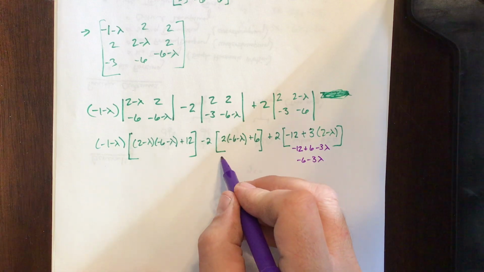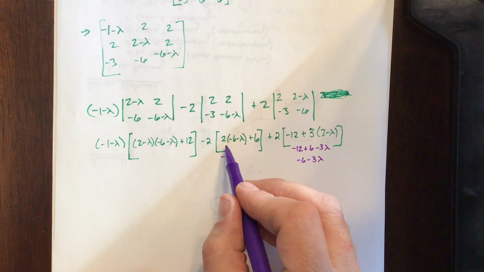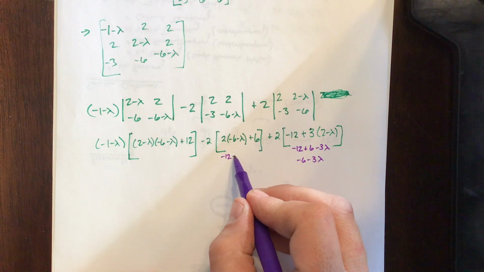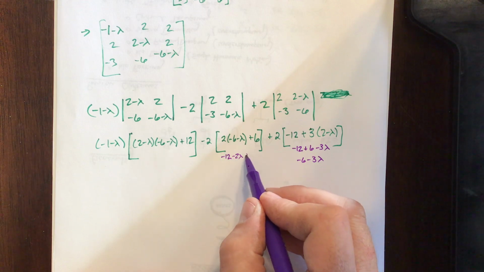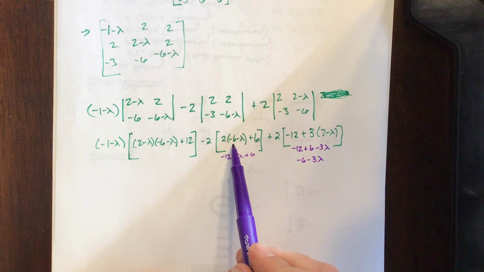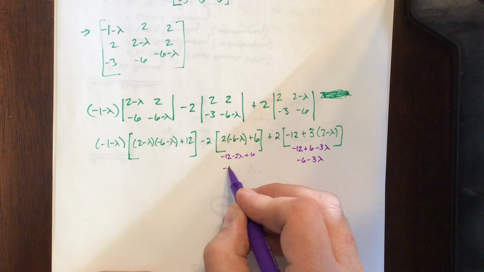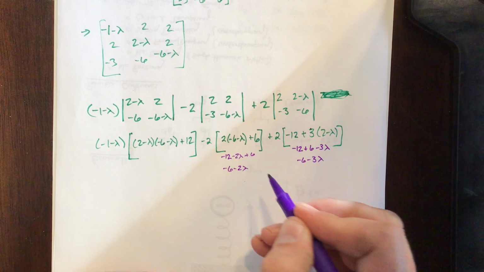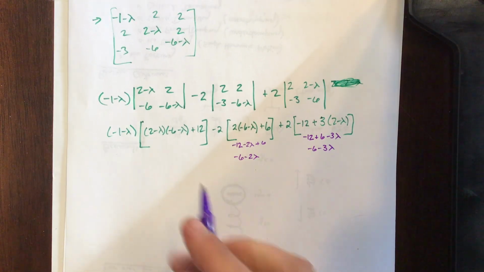What's this? This is minus 12 minus 2 lambda plus 6, minus 12 minus 2 lambda plus 6. So this is minus 6 minus 2 lambda. And what's going on here?